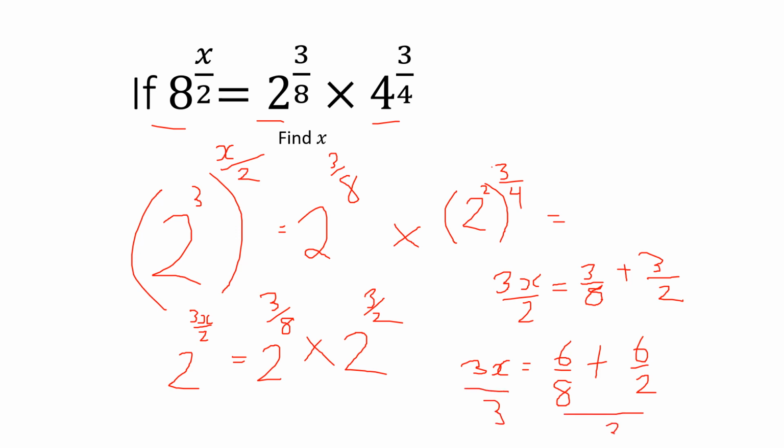Obviously taking my time here. So x is equal to 6/8 plus 6 halves, all over 3, and I can start simplifying this. So that will go to 3/4 plus 3, since 6 halves is equal to 3.